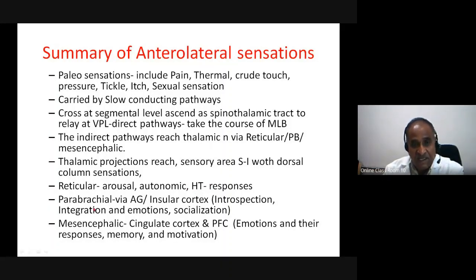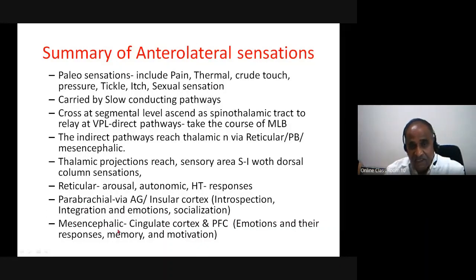Then the parabrachial, the upper pontine nucleus, is connected with the amygdala and the insular cortex, and this is for introspection, integration, emotional exteriorization and socialization. This is the parabrachial component of the anterolateral sensation.